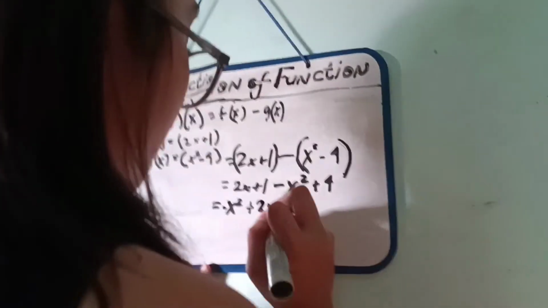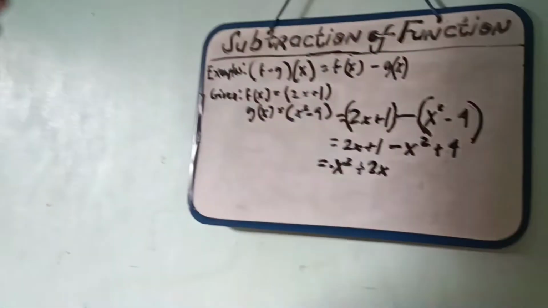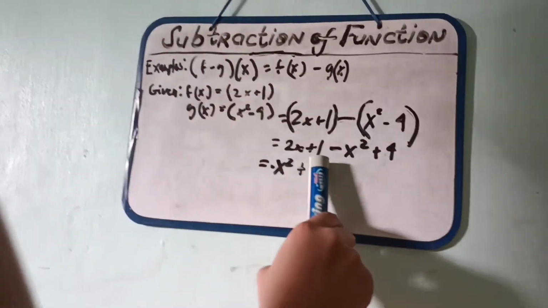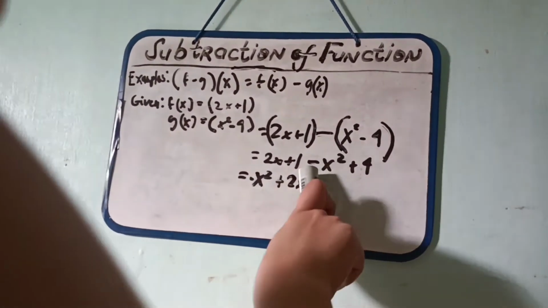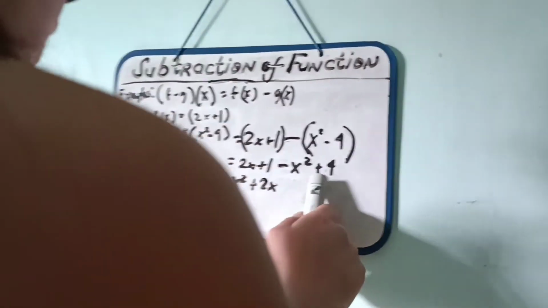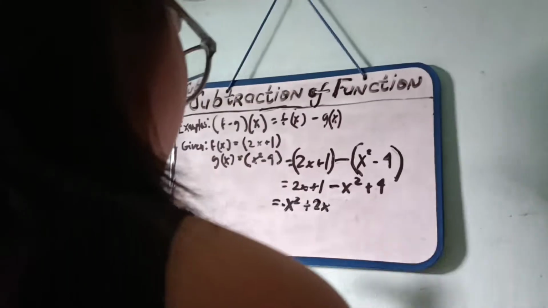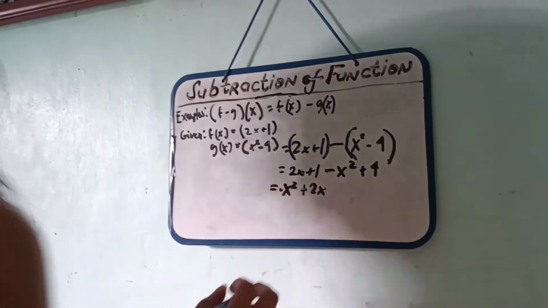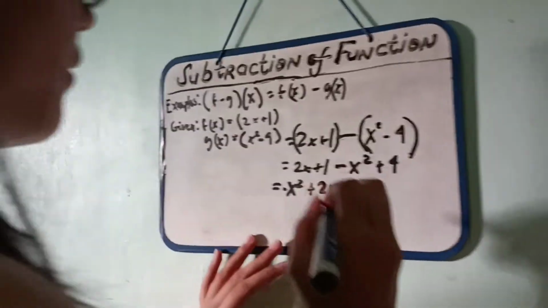Nakita naman natin na wala. So, paki-write down na lang. Write na lang natin. So, ito na nga, 1 minus positive 4. So, that would be positive 5.